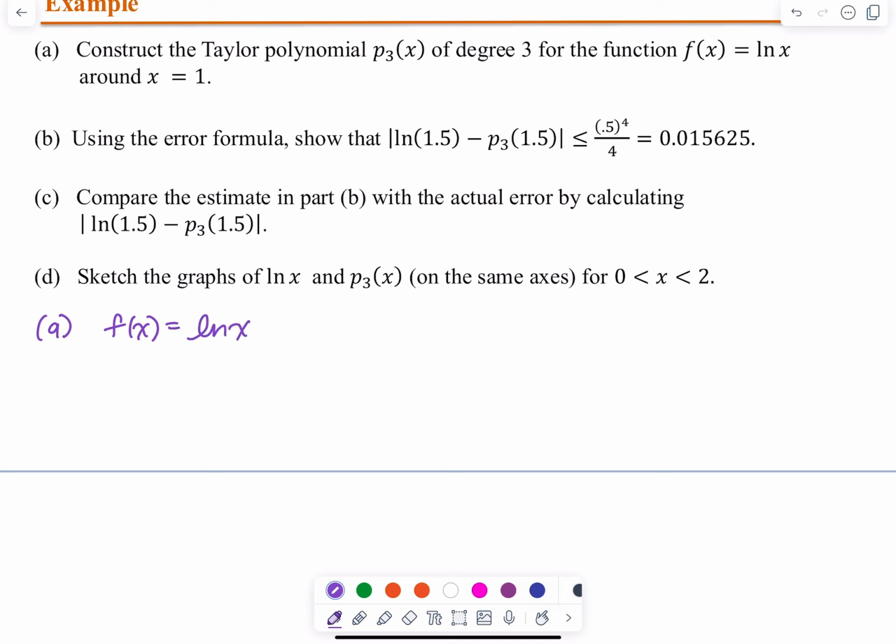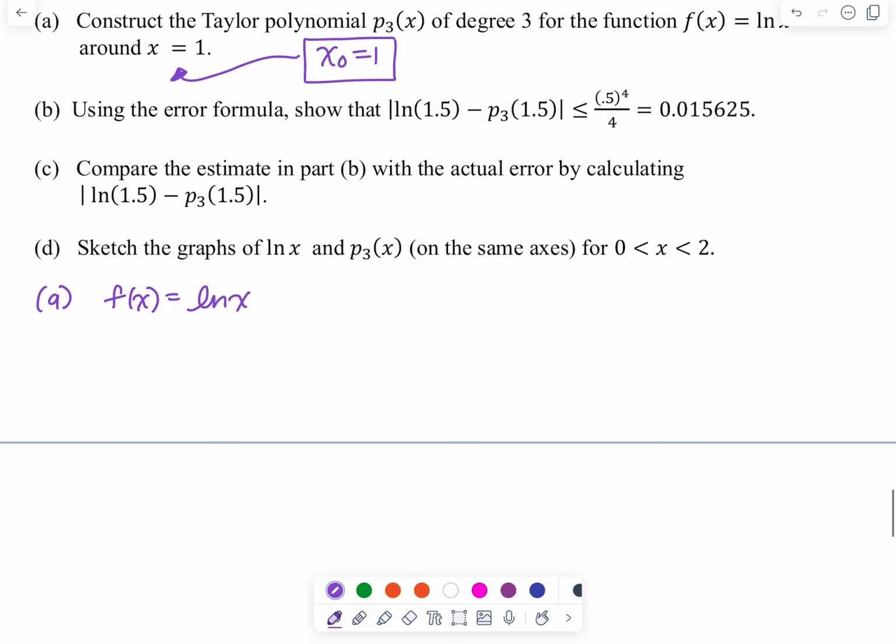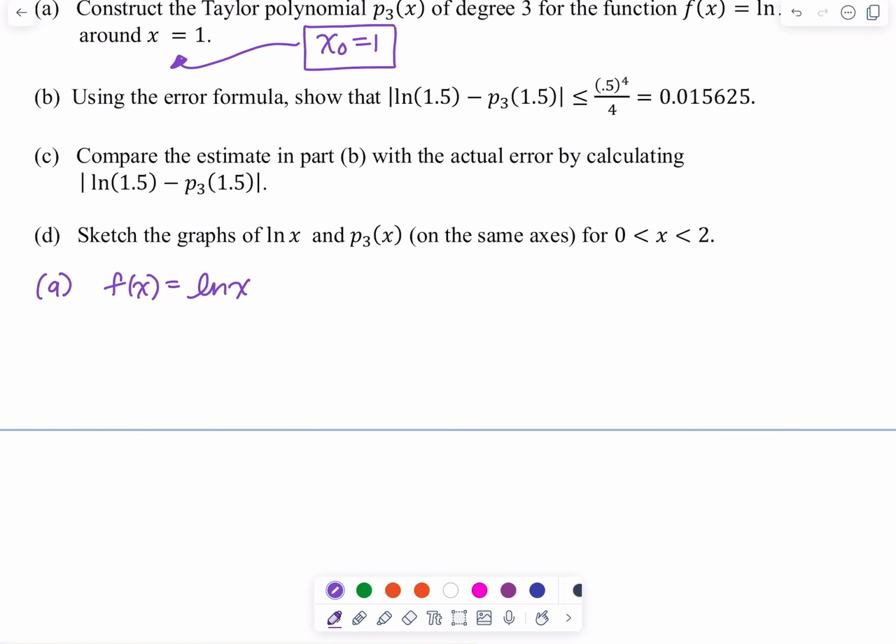And by the way, our x naught is equal to 1 because of this statement. We're looking for approximations close to 1. So f of x equals ln of x. And so we'll have f of 1 is the natural log of 1, which is 0.